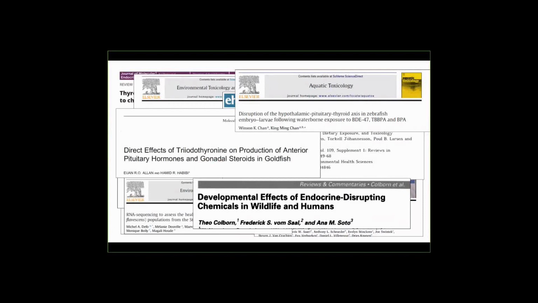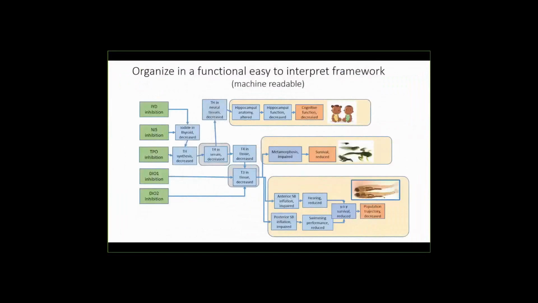And so that's one of the major goals of the AOP framework, is to take all of this evidence and organize it into a framework that's easy to interpret, easy to share. It's machine readable.